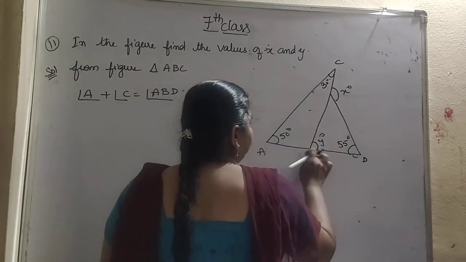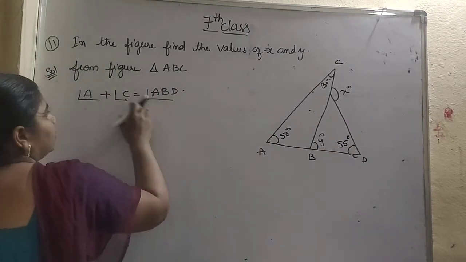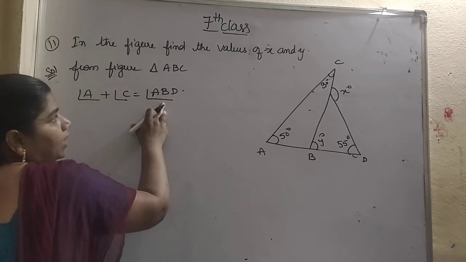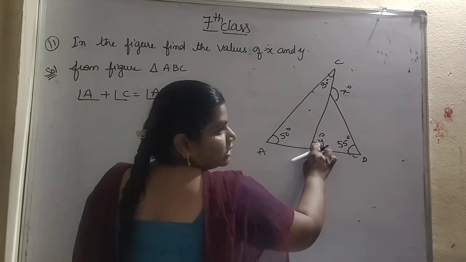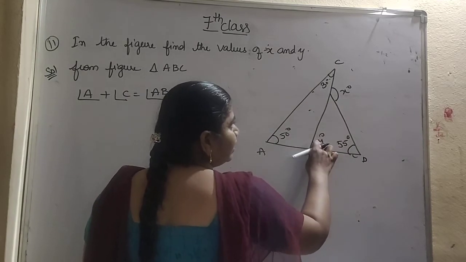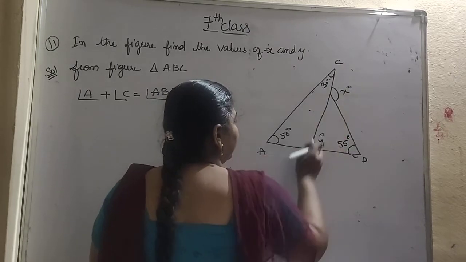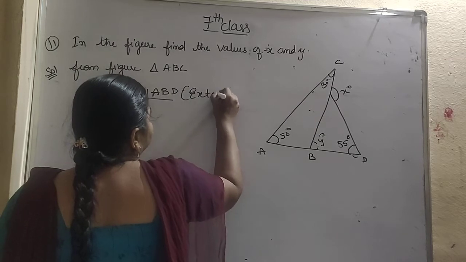So this will be the exterior part of these two angles, that is angle A plus angle C will be equals to angle ABD. These are two interior angles. This part will be exterior angle. So this angle we can represent in the form of CBD. Okay, so by using exterior angle property.